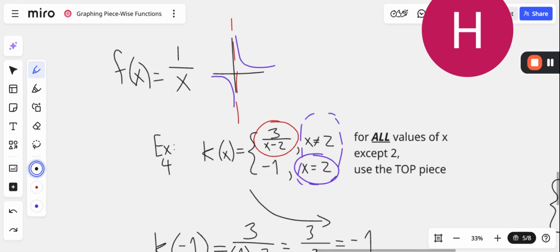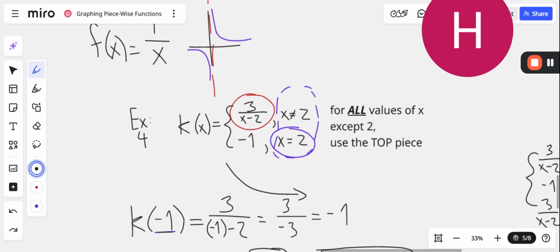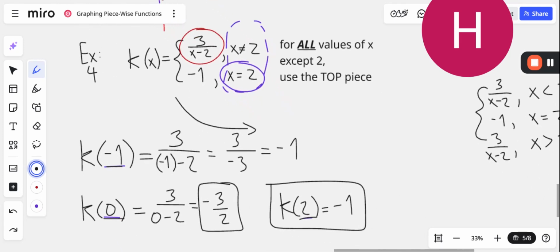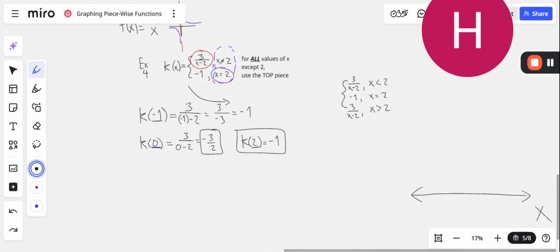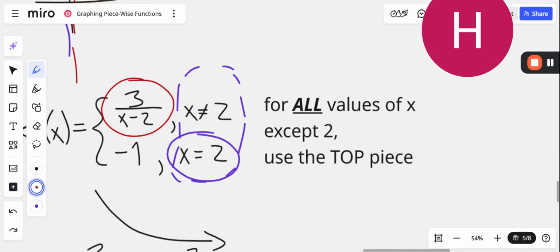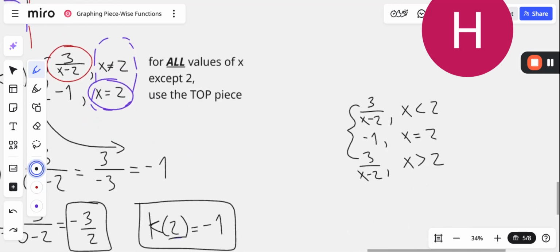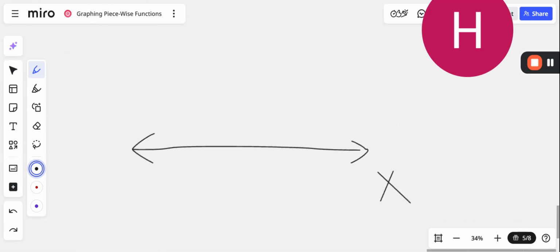This is not just the parent function. This is a little bit different, but we're still going to have something really important happening at x equals 2. That's where some crazy stuff's happening. In fact, this piece exists everywhere except x equals 2. So we definitely want to point out where x equals 2 is on this grid. Let's just say there's my x equals 2.